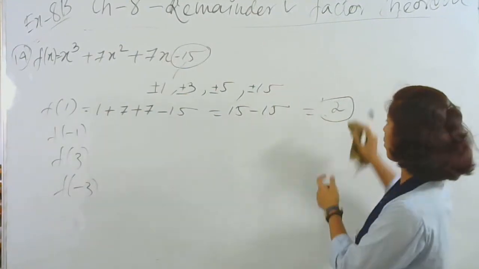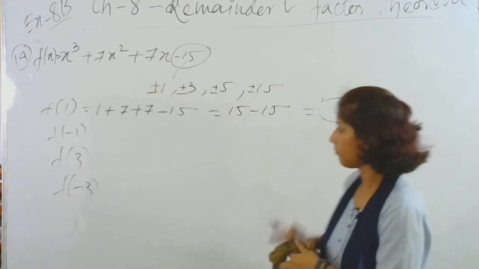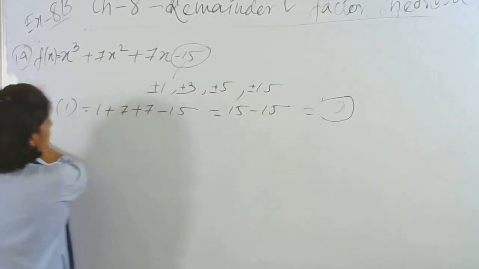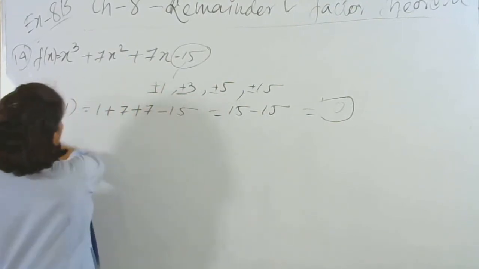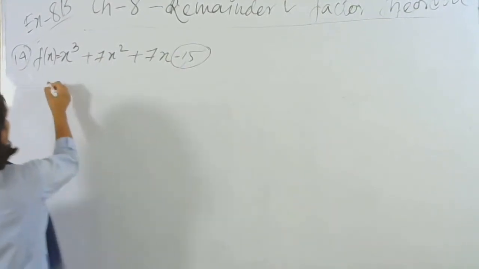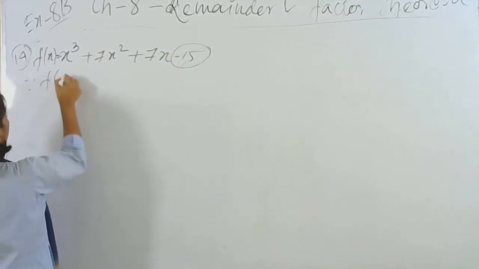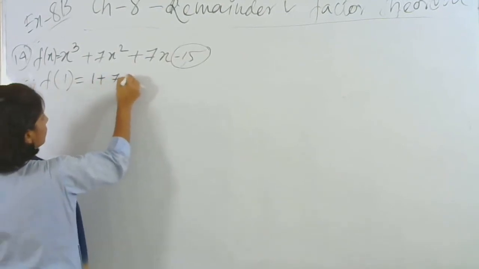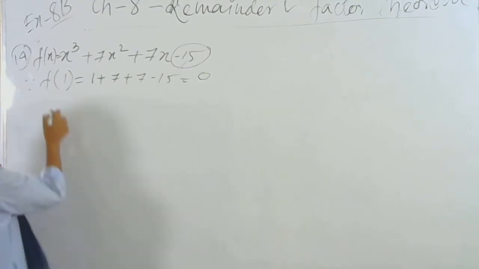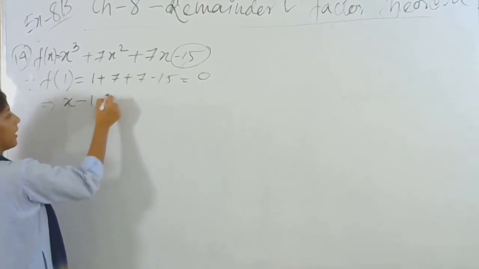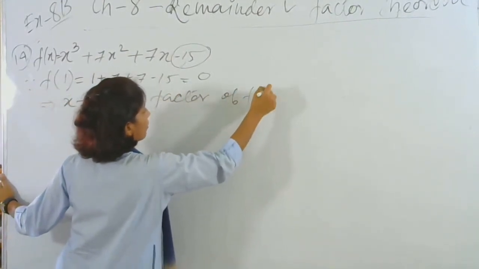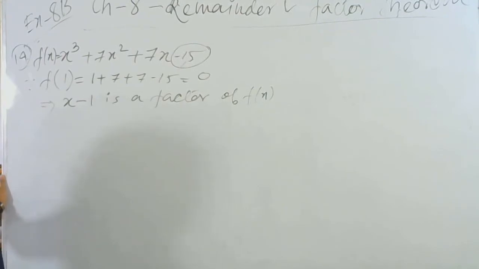So now, since I have got 0 over here, since f of 1 is 0, it implies x minus 1 is a factor of f of x.